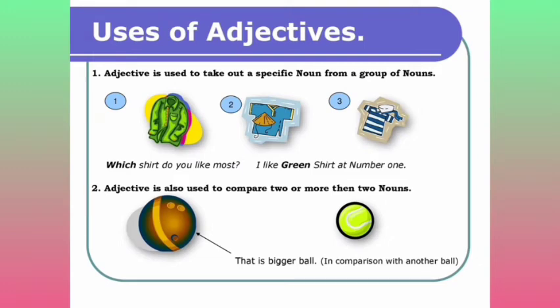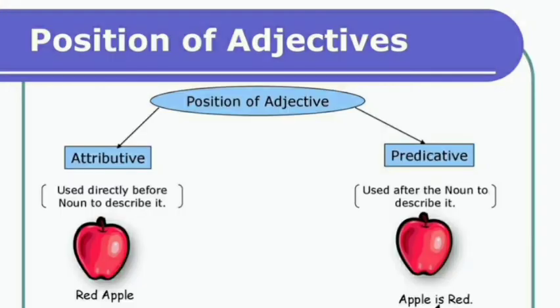One more important thing you need to learn about adjectives is the position of adjectives. One is attributive and the other is predicative. Which one is attributive? The adjective used directly before the noun to describe it is called an attributive adjective.